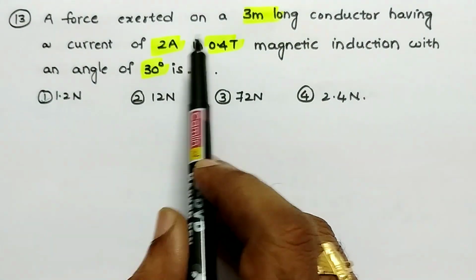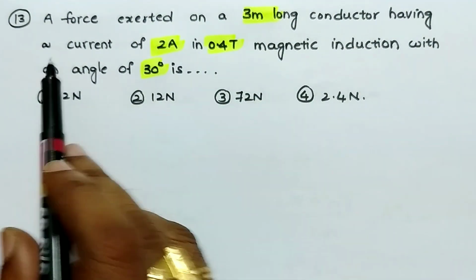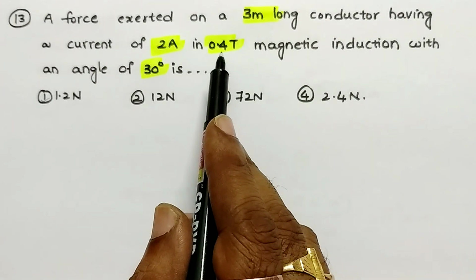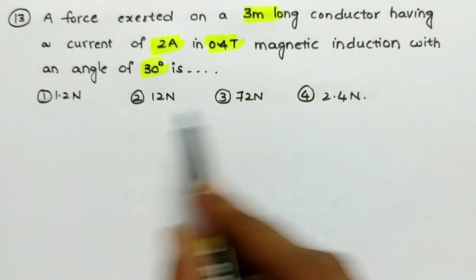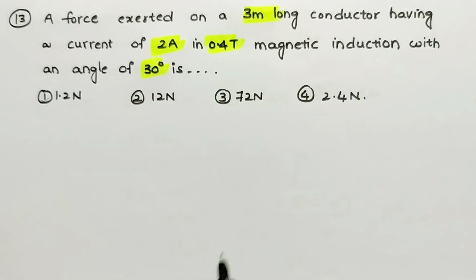A force exerted on a 3 meter long conductor having a current of 2 amperes in 0.4 Tesla magnetic induction with an angle of 30 degrees is asked.